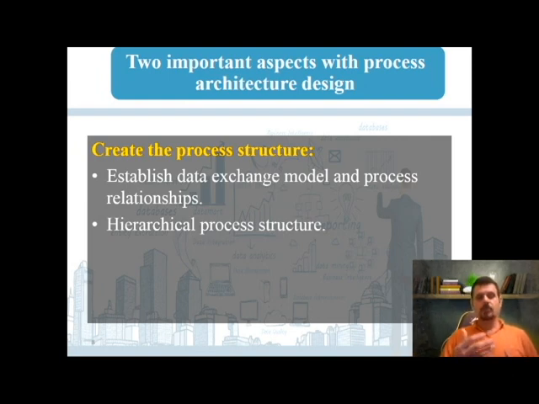Also, it helps you with process hierarchy. As you have a hierarchy in your functional organization, vice president, probably head of, senior manager, and other roles, we have a hierarchy of processes: business area, process group, and process.